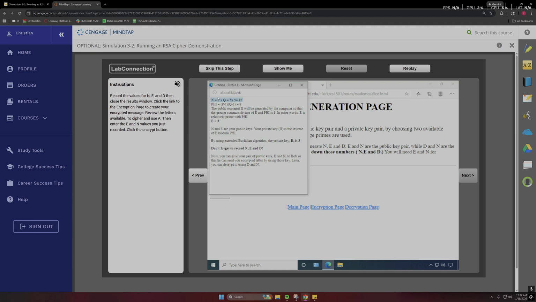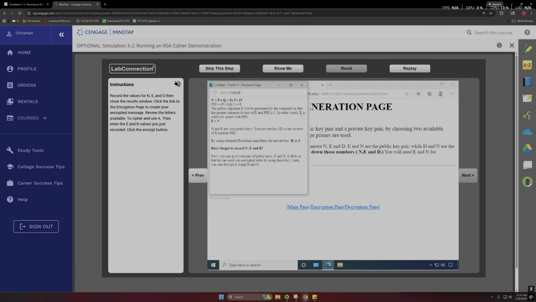So we have to remember what N is. N equals P times Q, which is 5 times 3, which equals 15. So remember that N equals 15, because this is the formula. The public exponent E will be generated by the computer so that the greatest common divisor of E and PHI is 1.